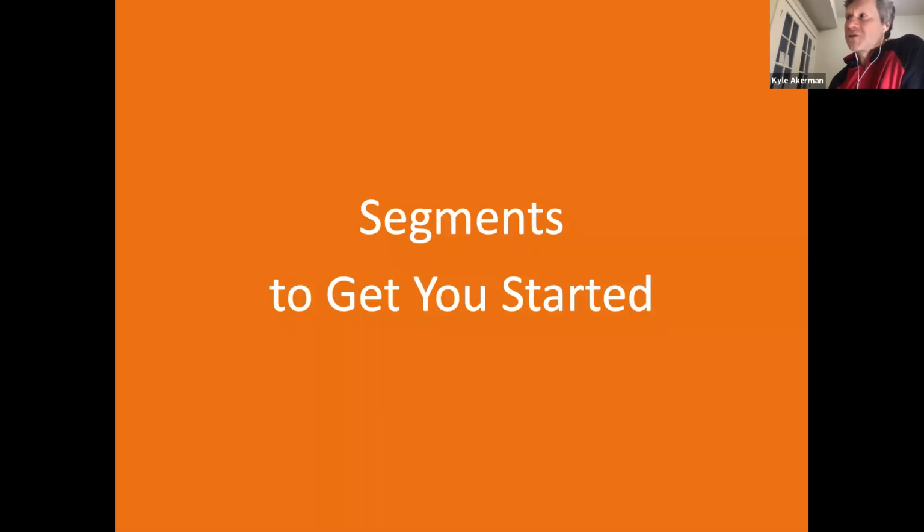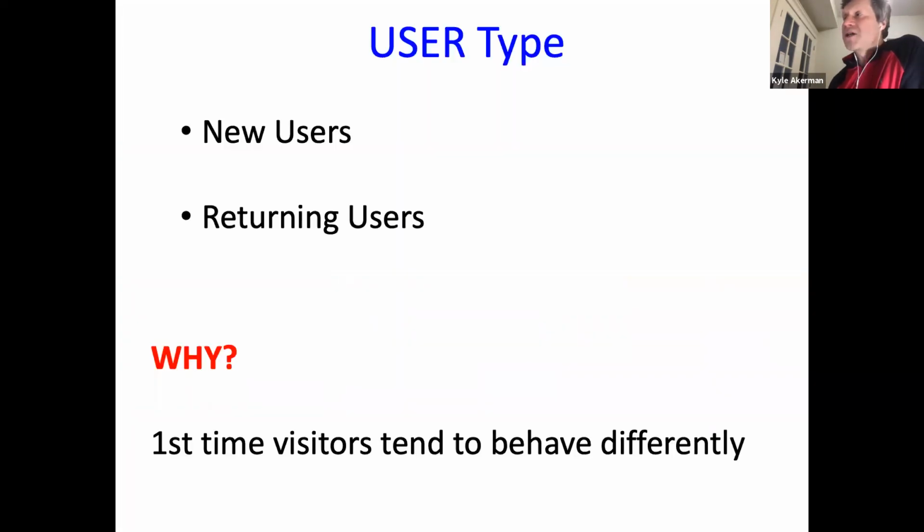So I just want to give you a couple easy segments to get you started, if you're not using some of these features already and you're wondering maybe what you should look at. An easy one is compare user types. So you can look at the new user segment and the returning users. This can be important because the two usually have different behavior many times.